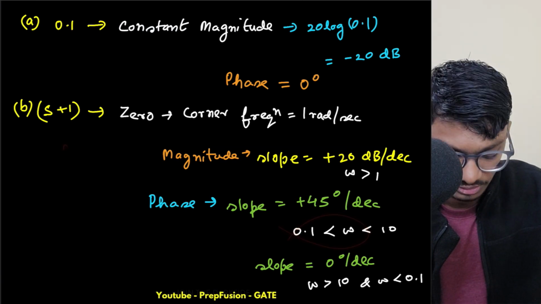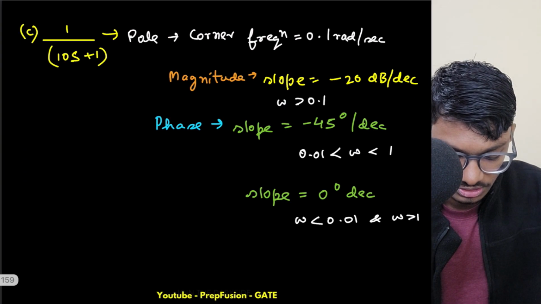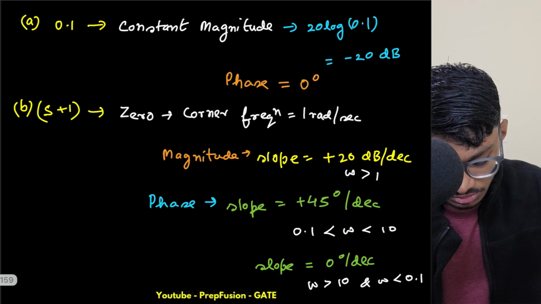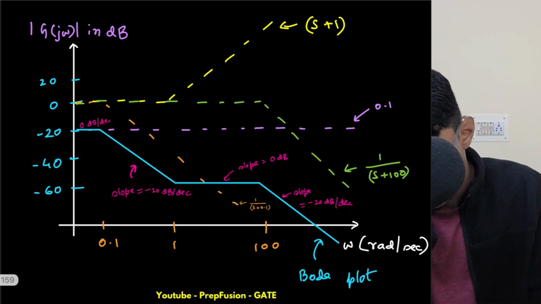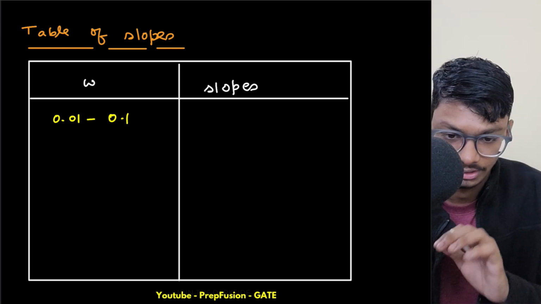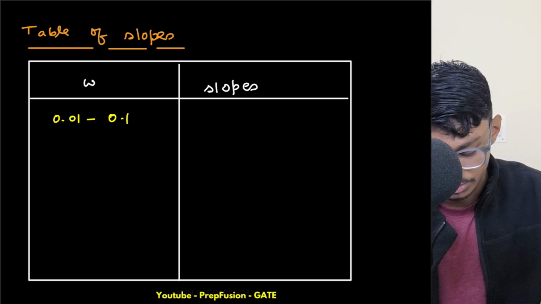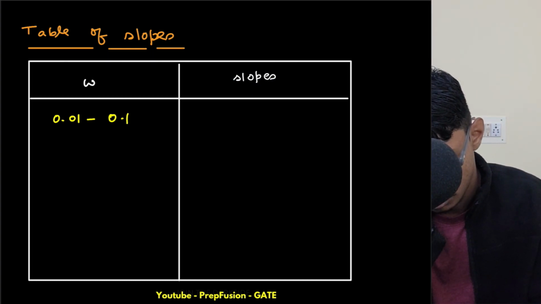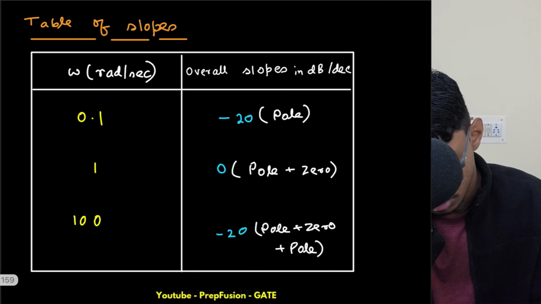These zero and pole are overlapping, so 0.01 to 0.1. Let me just write the thresholds and then the ranges. Then we will solve for the slopes. So we'll write these overall slopes.